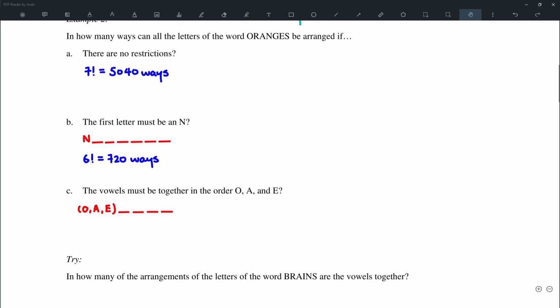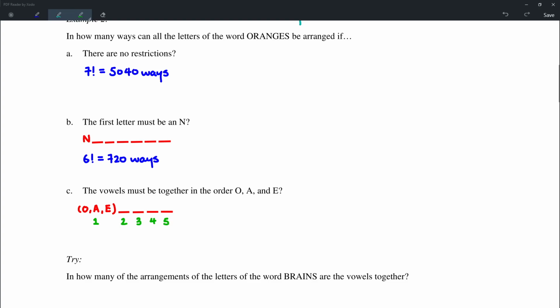Now, if the vowels must be together in the order O, A, and then E, there's only one way to write the vowels together. What is also important to note is there is one group of vowels and then the 4 remaining letters.